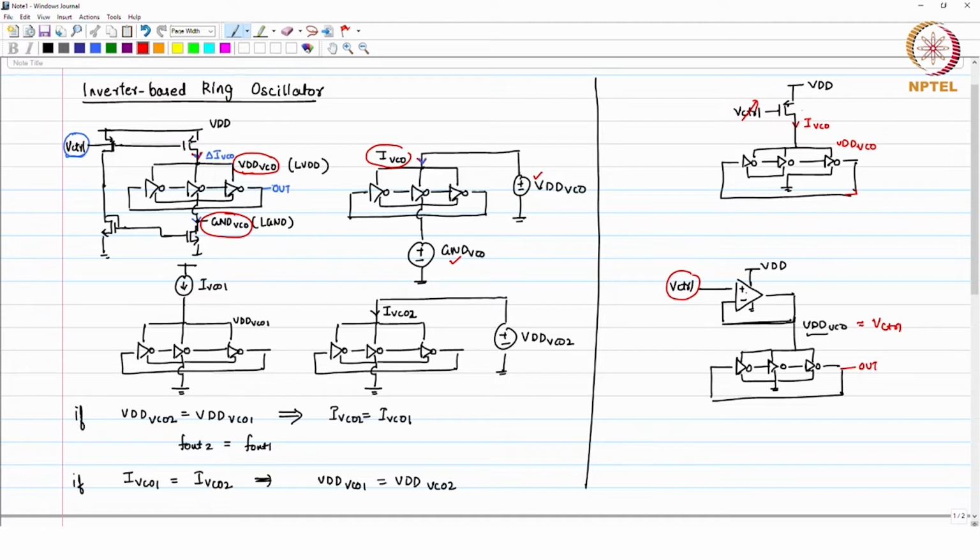In the first case, you control the voltage at the gate of the current source, which is a PMOS, and thereby you control the current. And in response to the current, your frequency will change, right. So, normally you can say that this is a current controlled oscillator, you are controlling the current.